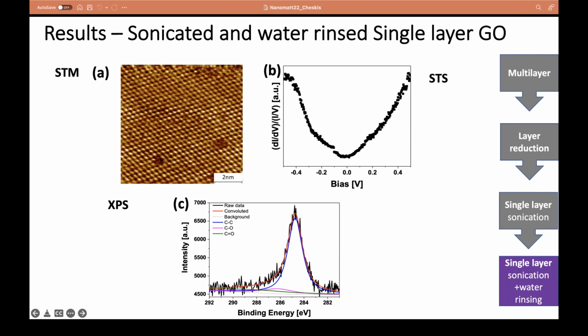And we get some defects, and we see some distribution, but it seems almost pure. And even though this STS curve is parabolic, it gets closer relative to multi-layer, and it's still not V-shaped, but it seems that it's going in this direction. On XPS measurements, the oxygen peaks are almost totally reduced.